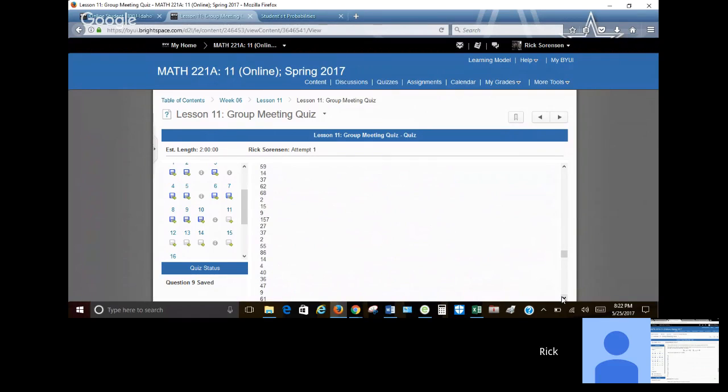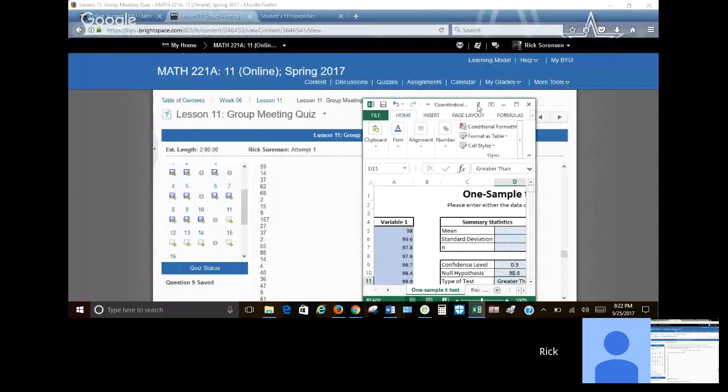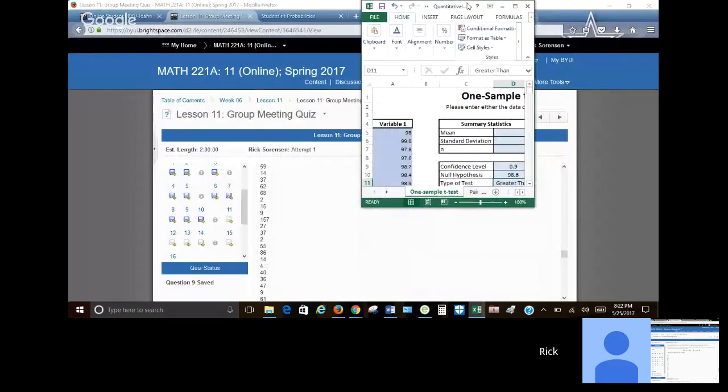So now we've got to put all these numbers in again. Be nice if we could copy and paste. I'm going to put them in myself this time too.